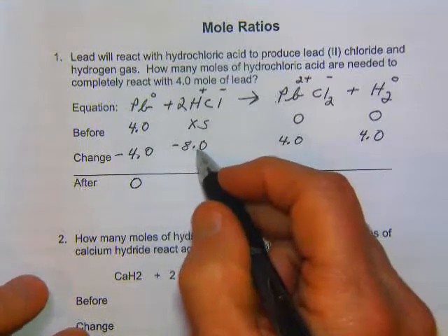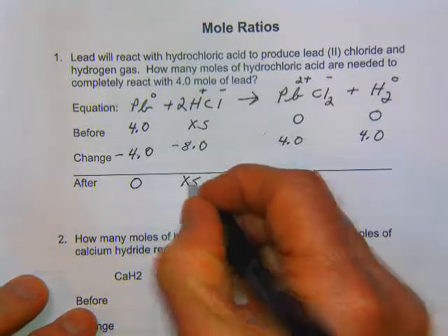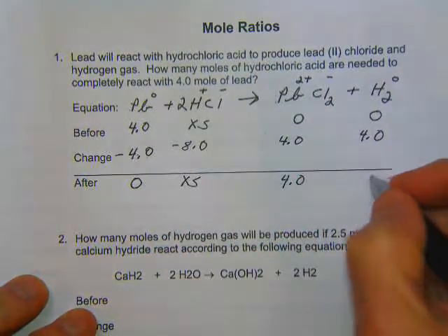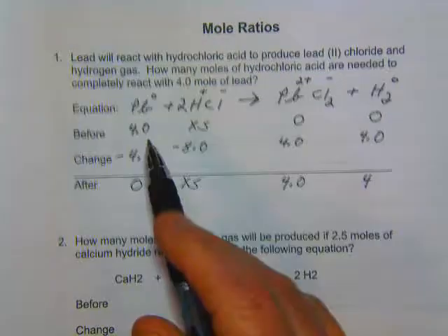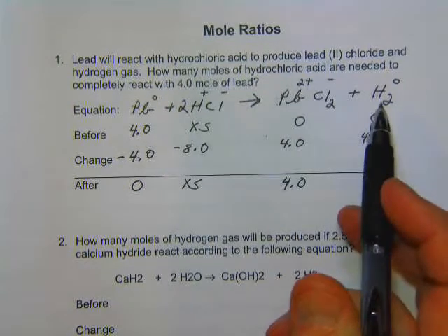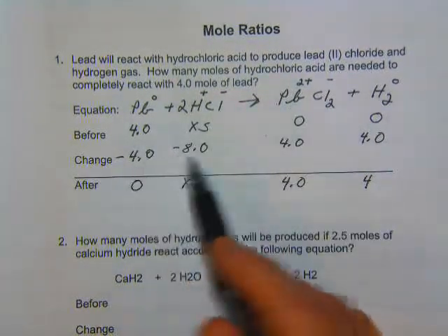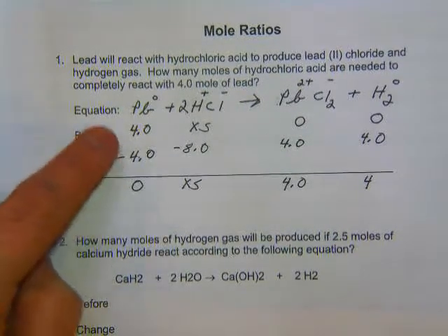Yeah, we needed 8 moles, but we've got plenty. So we can still say this is an excess. And we produced 4 moles of lead chloride and 4 moles of hydrogen gas. So again, the ratios remain the same. 1 to 2 to 1 to 1, 4 to 8 to 4 to 4. Again, because we had 4 moles of lead.